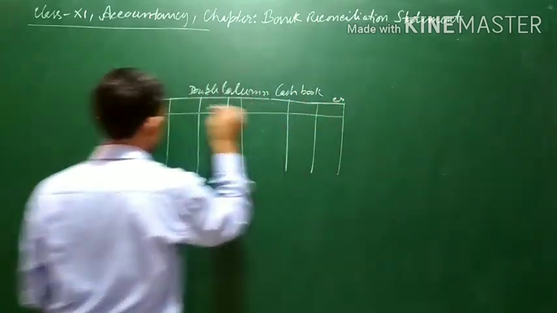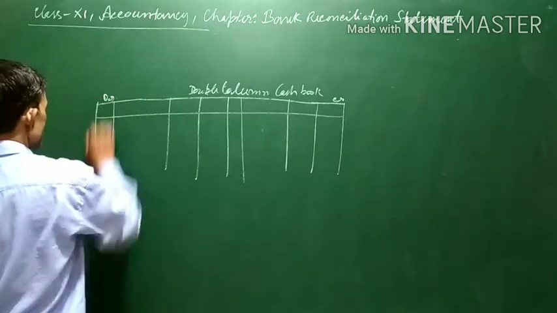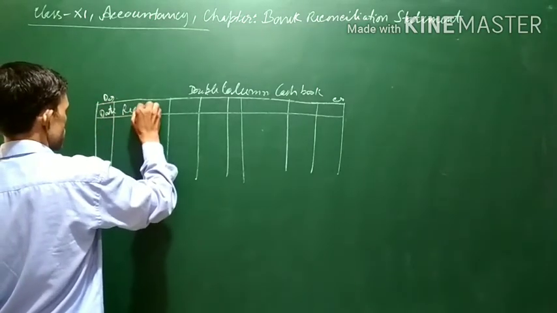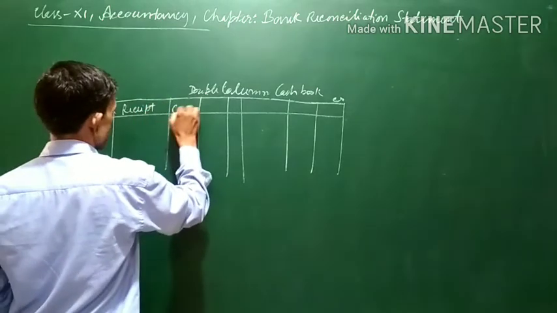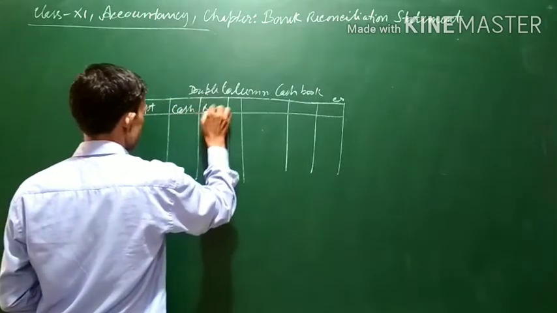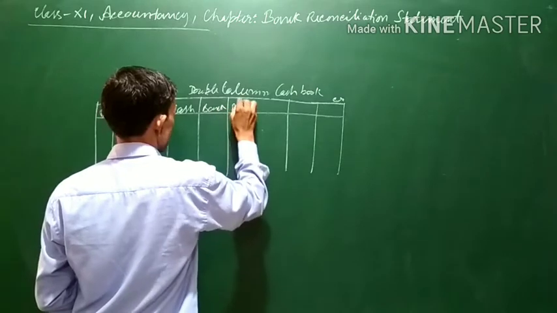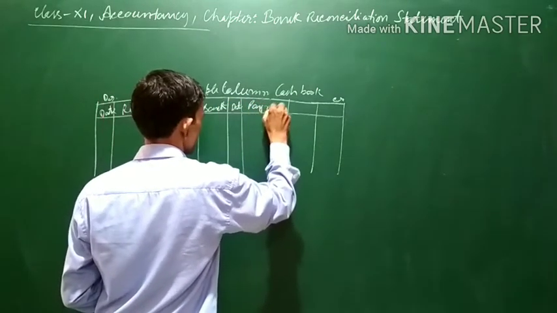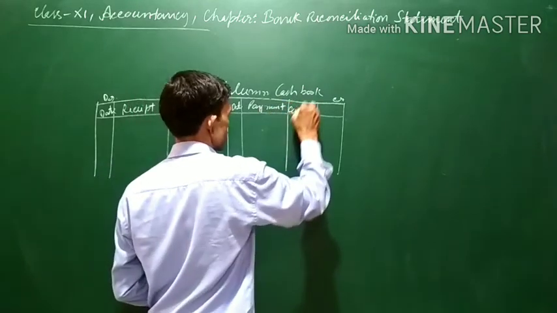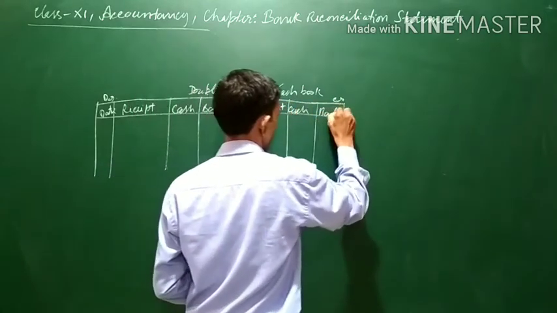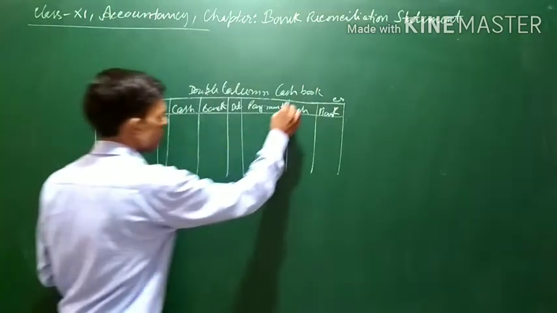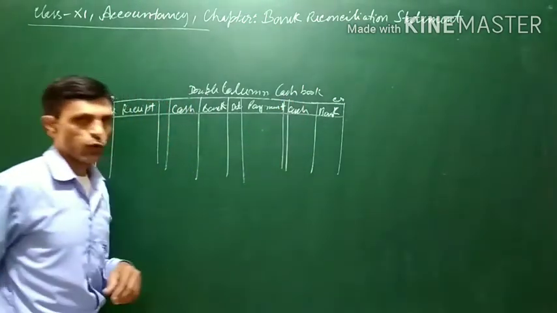This is the credit side. This is the debit side. First is the date, then receipt, cash column, and then bank column. Here is the date, payment, cash, and bank. The folio column I have not drawn. One folio column is also there, just before the cash column.